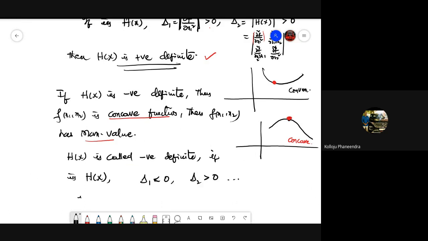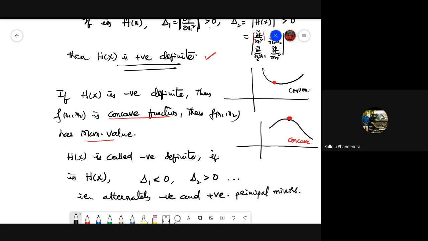That is, the principal minors are alternately negative and positive. Then H of x is called negative definite.